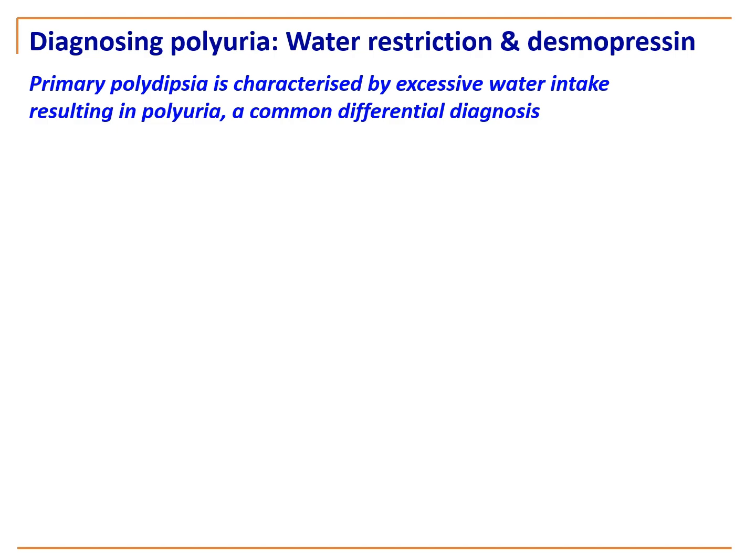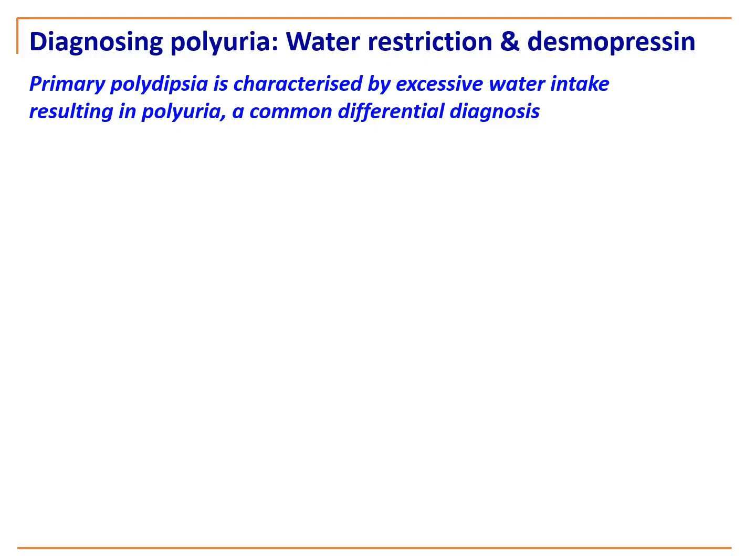So we've kind of covered this already. How do we diagnose this polyuria? We use water restriction and we use desmopressin, because we have to try and distinguish between nephrogenic and neurogenic, or central, diabetes insipidus. But we also have to consider another condition called primary polydipsia.